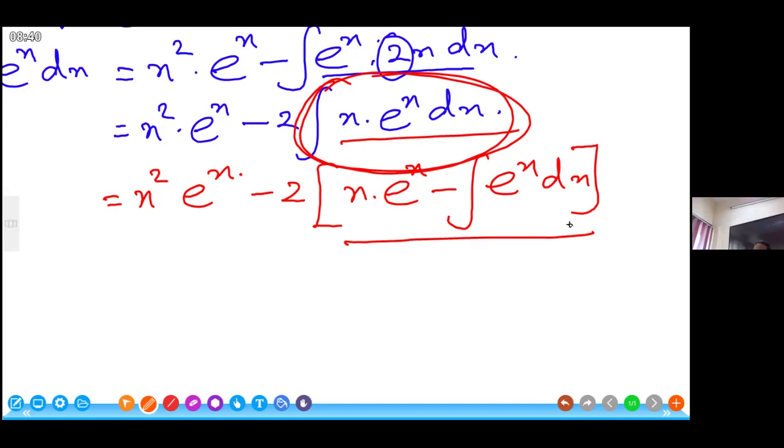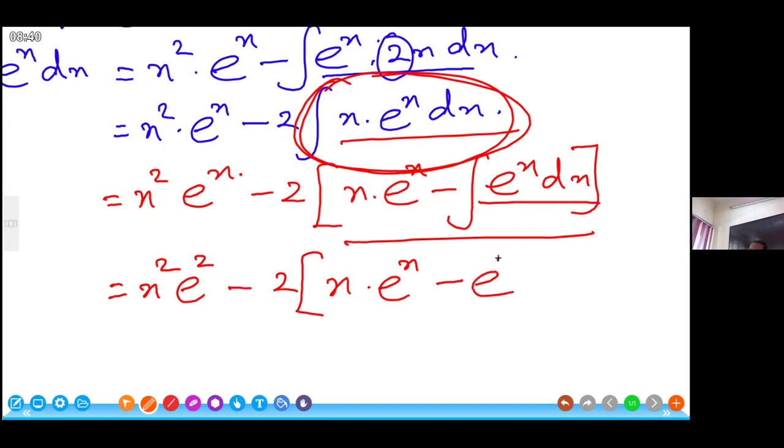So we'll have to integrate this component. So that is equal to x squared e to the power x minus 2 is there. We can multiply later. x into e to the power x minus integrate this function e to the power x, plus 2.